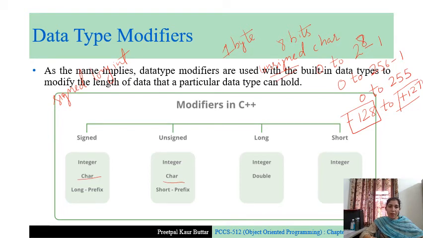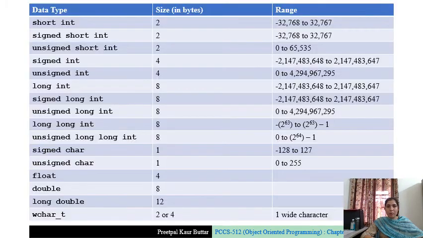For example, signed long int. So this is the summary of the data types along with their modifiers. You can study this table to know about the data type, modifier, its size and its range. You can use the same formula as I told you in the previous slide to verify these ranges.